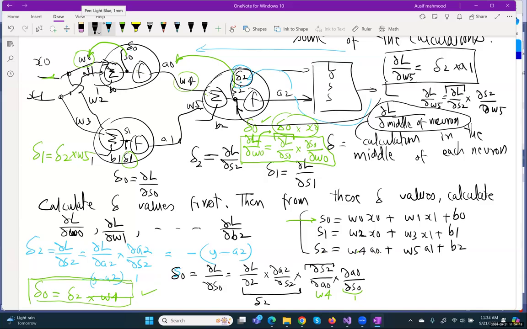Delta 2. So this is delta 2. And go to the equation for S2 and find out with respect to W5, A1. And that's what we said. It's delta 2 times A1. Okay, so now you can see it doesn't matter how complicated the network is. You can view it and give me the answer.